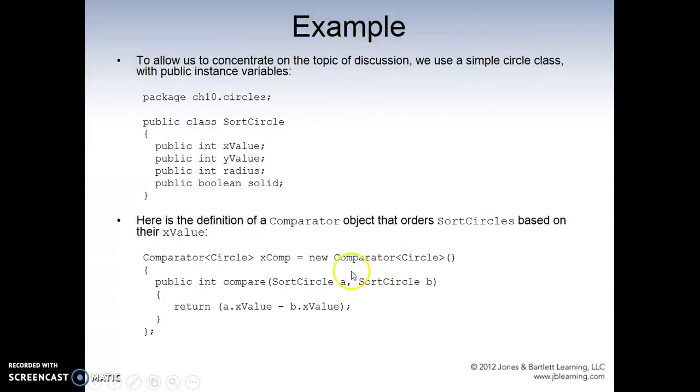So we implement a comparator xComp equals new Comparator. We have the method compare, passing SortCircle a and SortCircle b in. So a.xValue minus b.xValue. It's going to return either negative, positive, or 0.